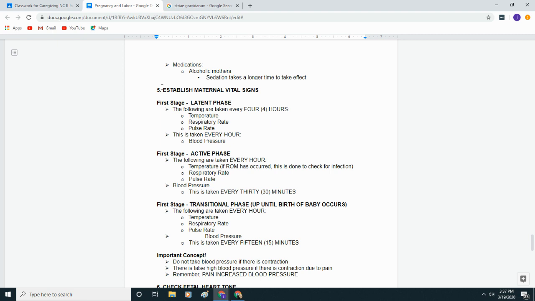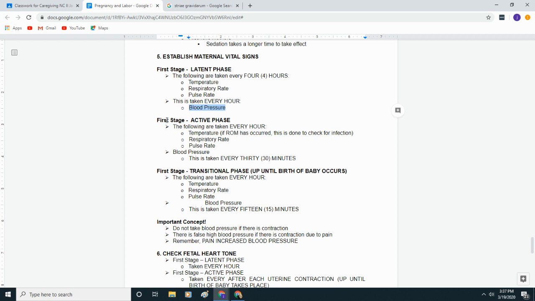Okay? So, 5, establish maternal vital signs. So, for first stage or latent phase, kailangan nating isipin 4 hours ang kanyang vital signs and every hour ang kanyang BP. Kapag active phase na, every hour na ang vital signs and every 30 minutes na ang BP. Okay?